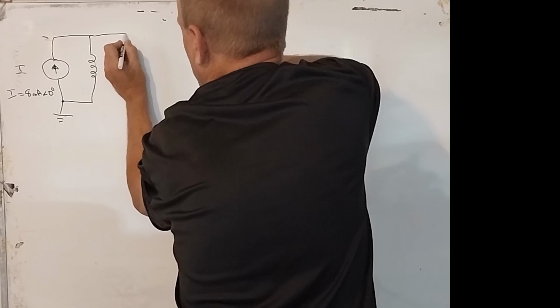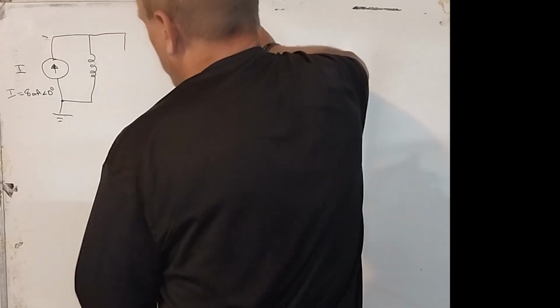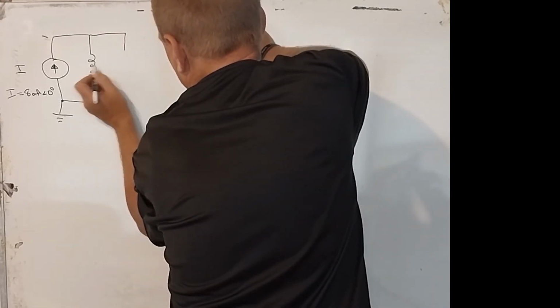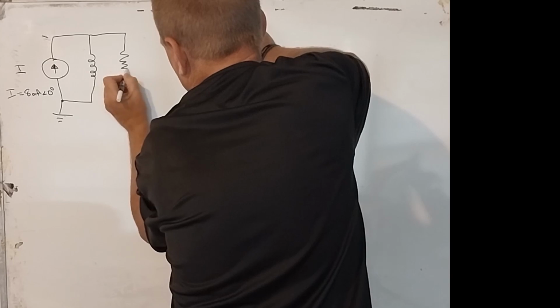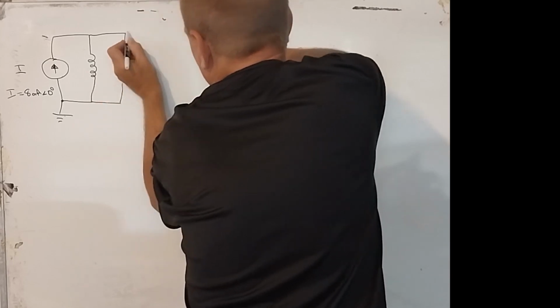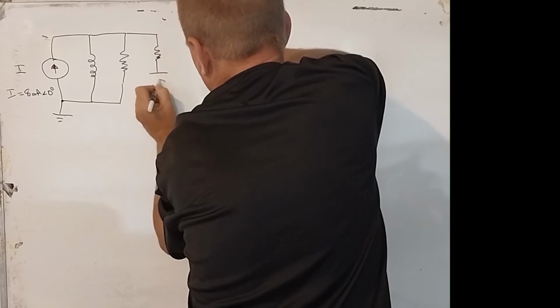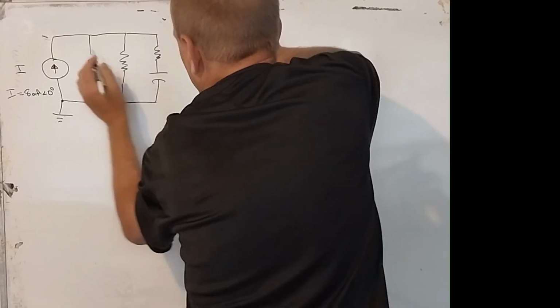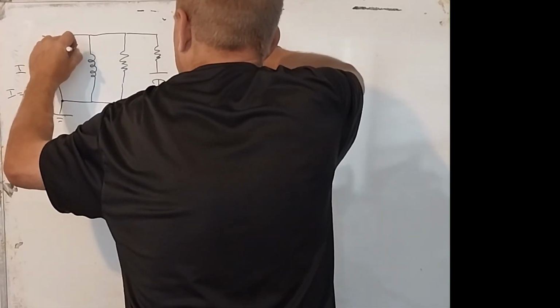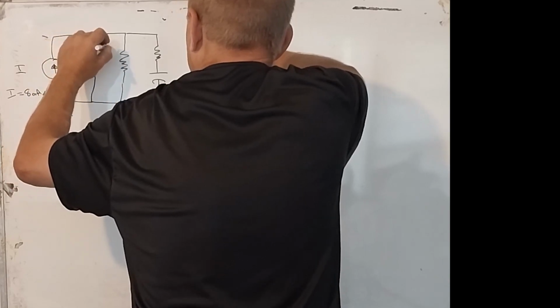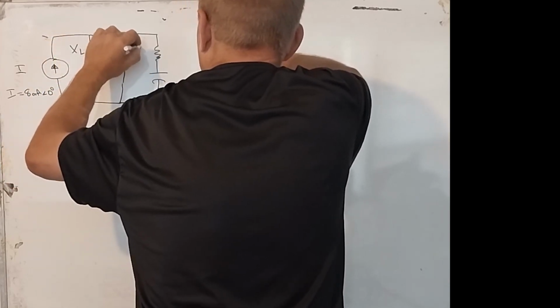And here we have a resistor, and then here we have a resistor in series with a capacitor. So this is X of L. This is R1. This is R2.